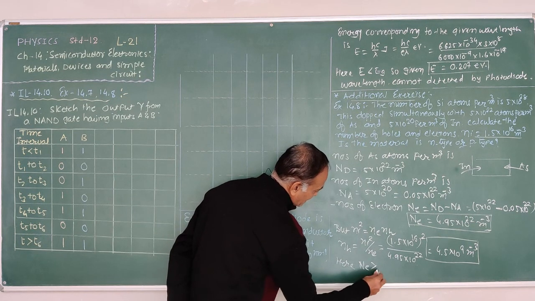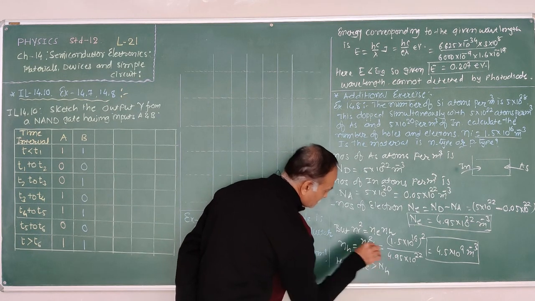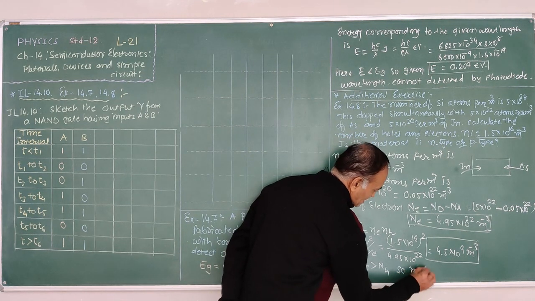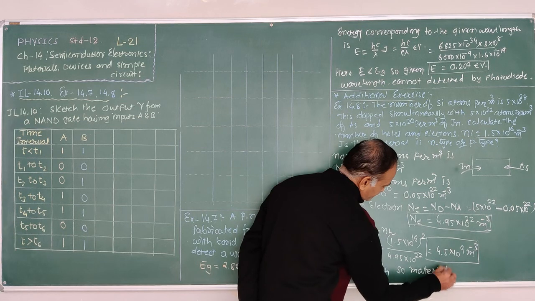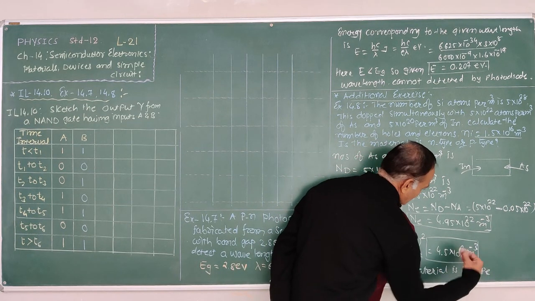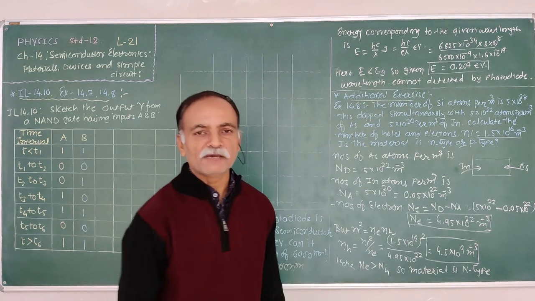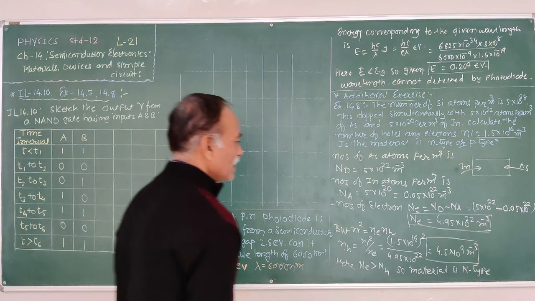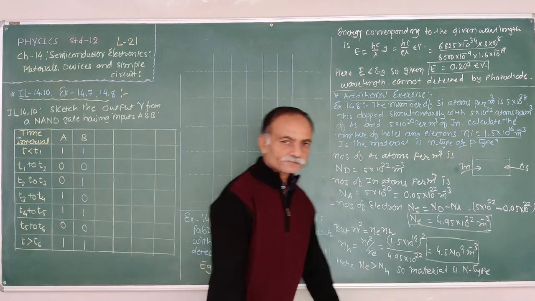Ne is greater than Nh. So the material is N type, because the number density of electrons is more, therefore the majority charge carriers are electrons. Therefore this material is N type.